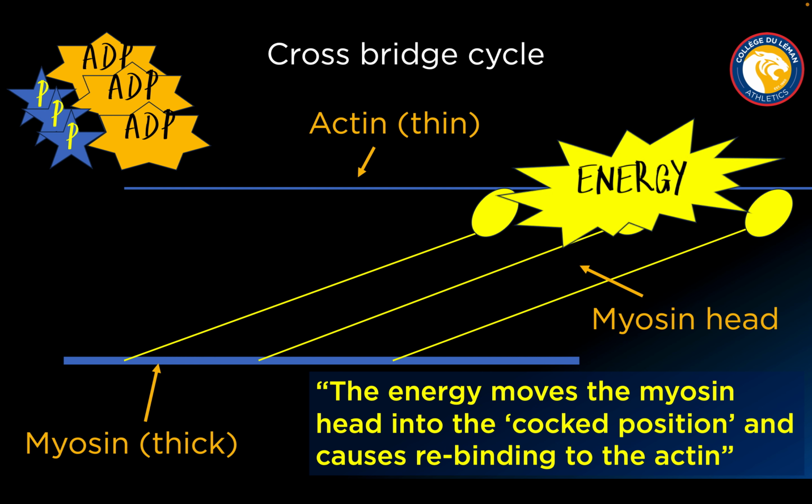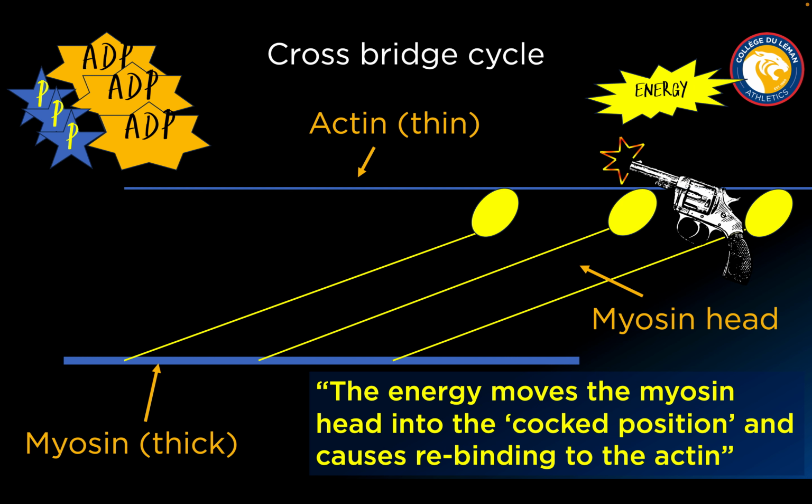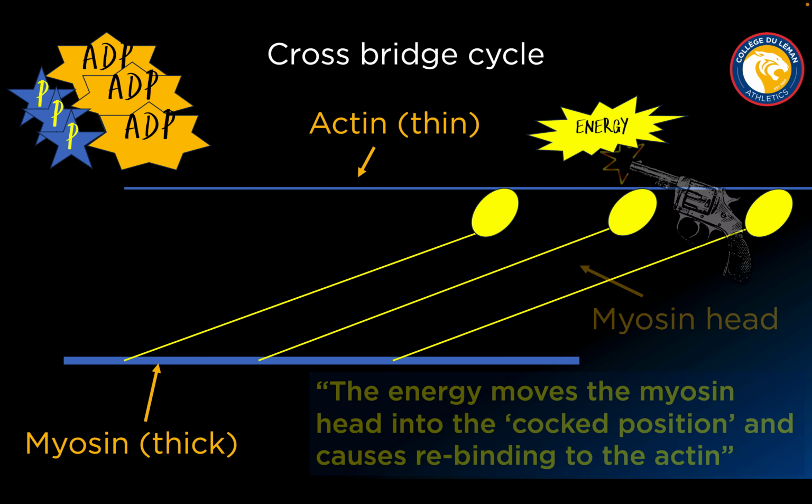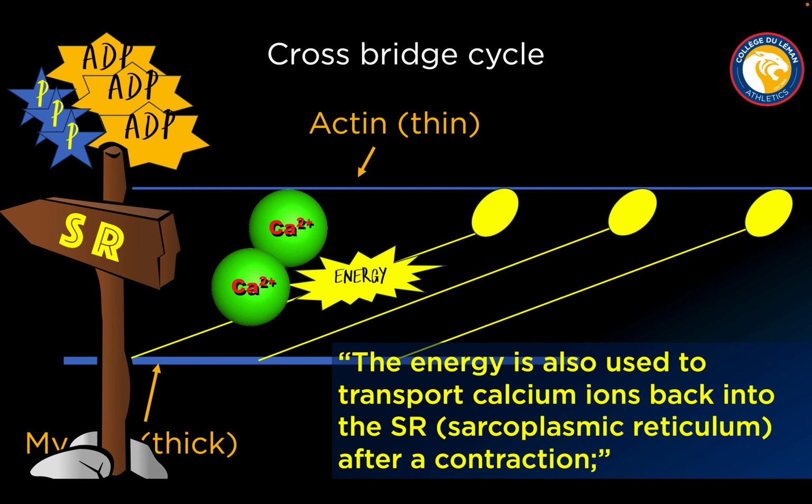If you think of a gun for that cocked position, you cock the gun. The energy moves the myosin head into the cocked position and causes rebinding to the actin. So now that's with the actin, and it's time for that to start all over again.